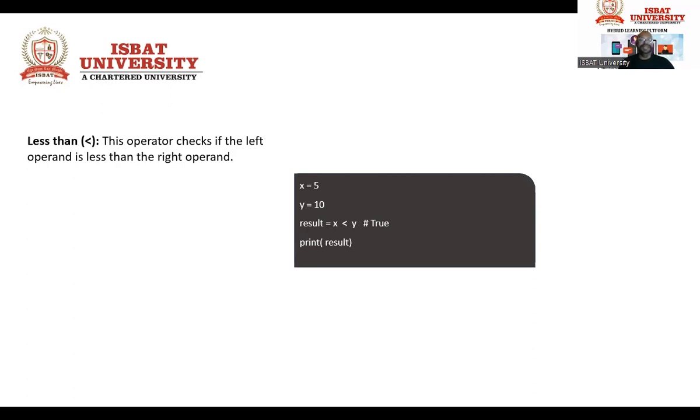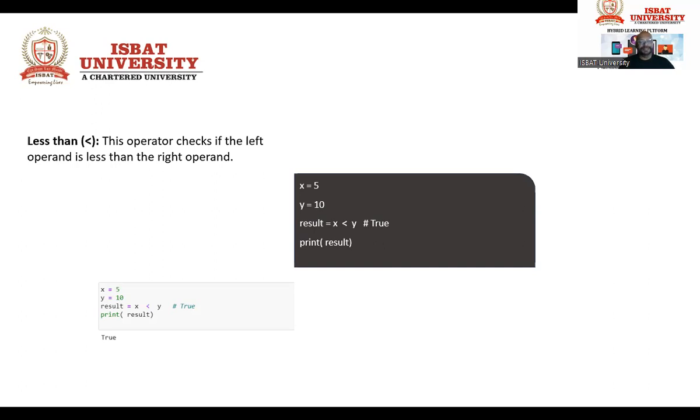And we are comparing it using the comparison operator less than. So we definitely know x, which is on the left side, is compared with y, which is on the right side, and the result will be true. This is a less than comparison operator. See the Jupyter Notebook outcome.